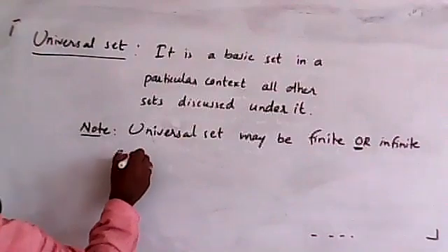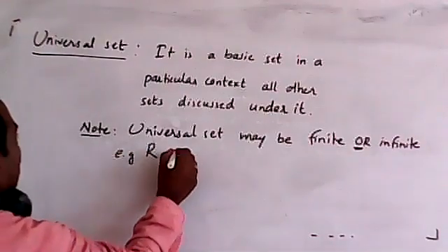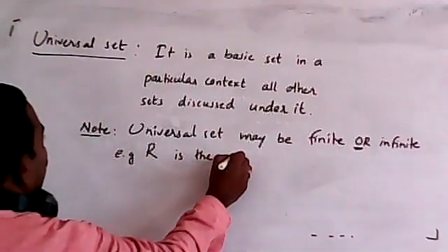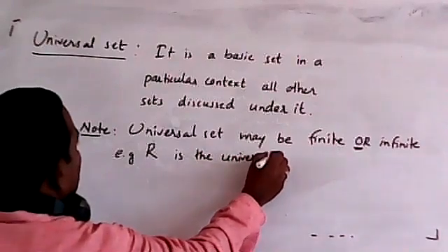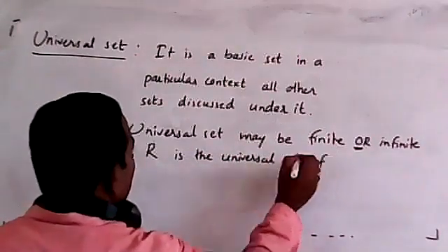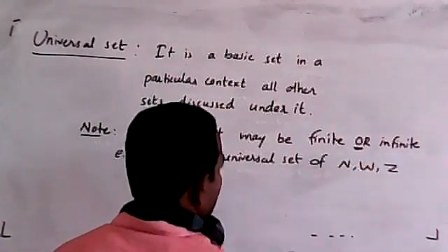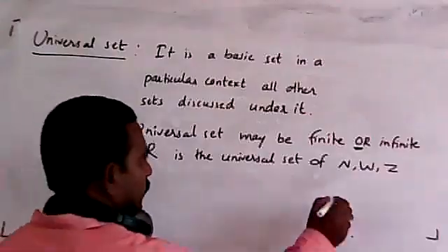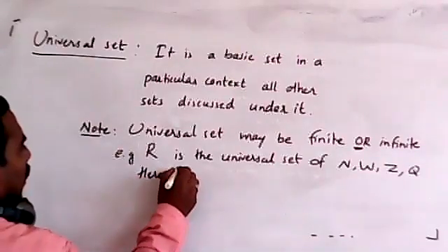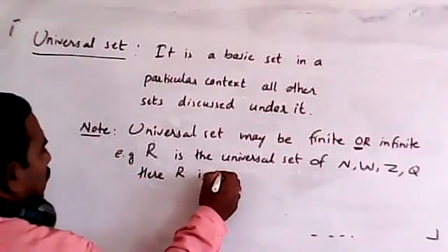I will give an example. The real number set is the universal set of the natural number set, whole number set, integer set, and rational numbers. Here R is infinite.